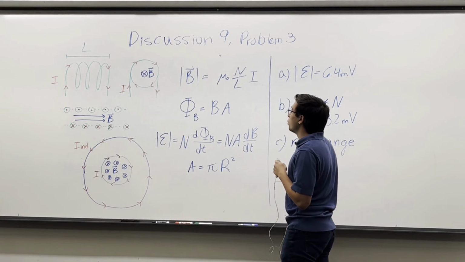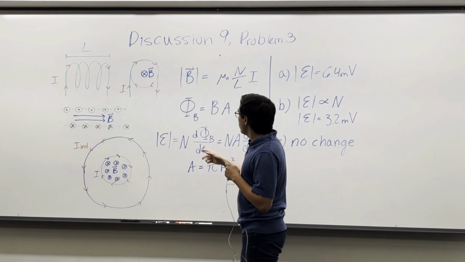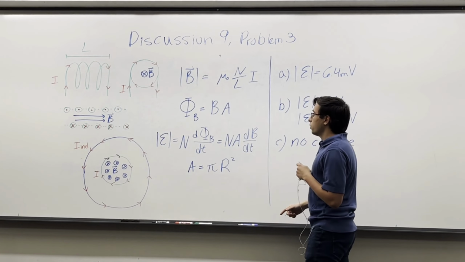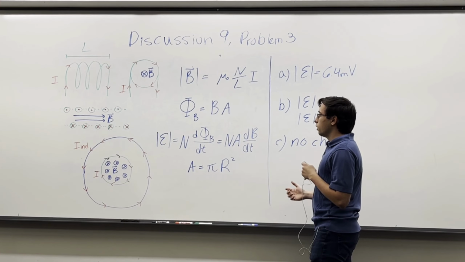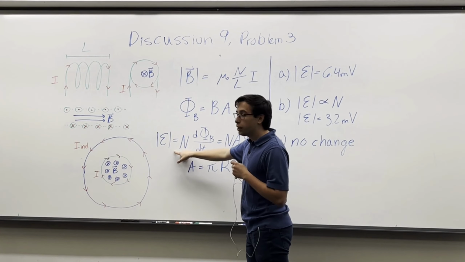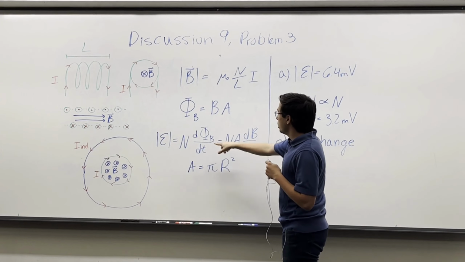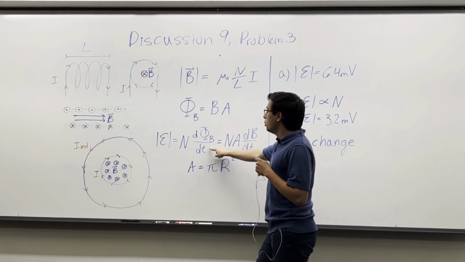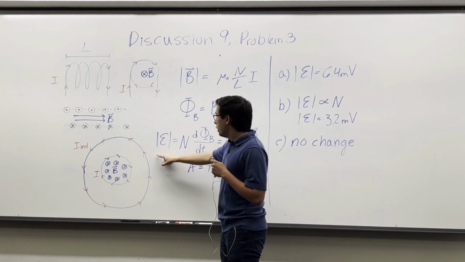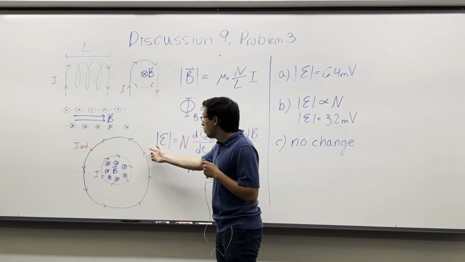Okay, and so there's a changing magnetic flux through our blue loop, and this should set off some bells in our head about Faraday's law. A changing magnetic flux induces a voltage or EMF in our wire.